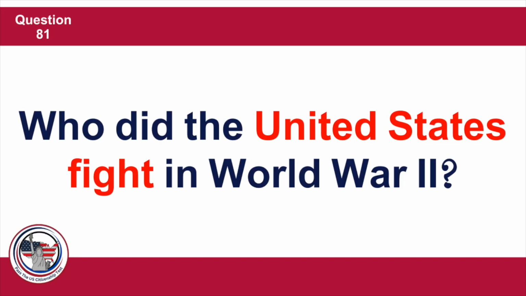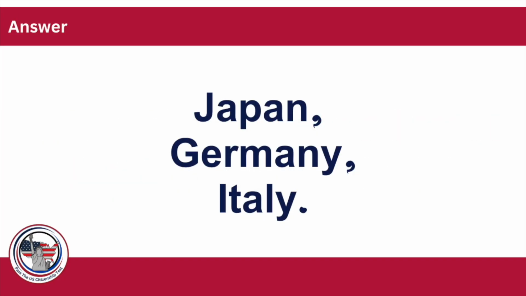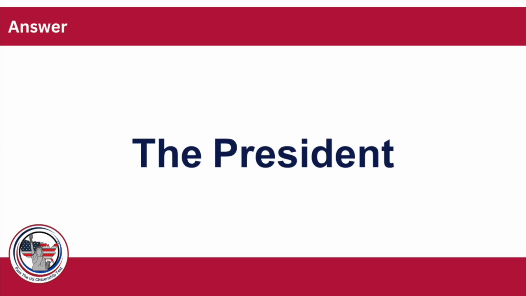Who did the United States fight in World War II? Japan, Germany, and Italy. Who vetoes bills? The President.